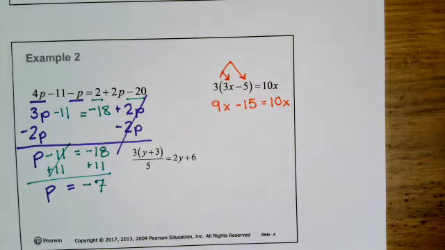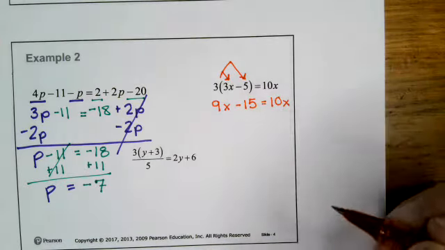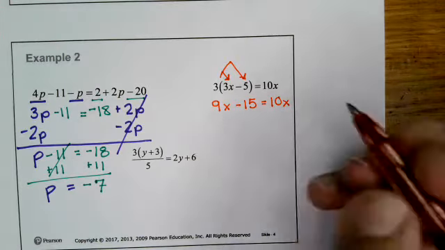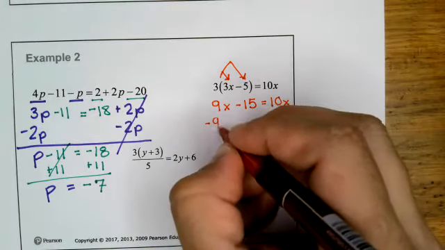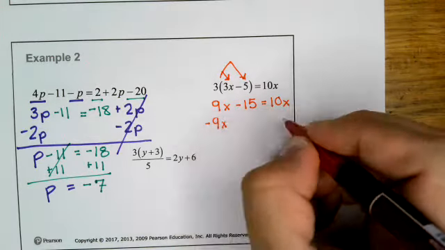Okay? I have a 10 here and a 9 here. So I'm just going to move the 9. Move the 10 if you want. Negative 15 is x, because 10 minus 9 is 1.